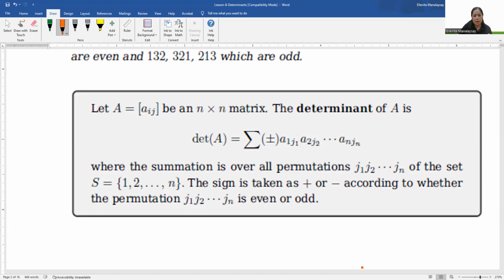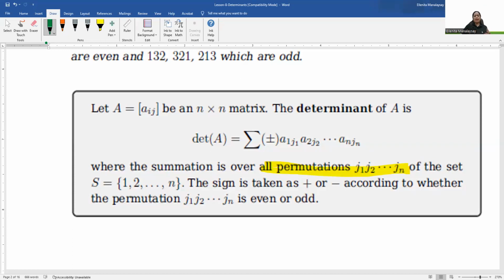The determinant of A, denoted by det of A, but we read this as the determinant of A, is equal to the summation of either positive or negative, but this is the product A sub 1, J sub 1, A sub 2, J sub 2, up until A sub n, J sub n, where the summation is over all permutations J sub 1, J sub 2, up until J sub n of the set S from 1 to n.